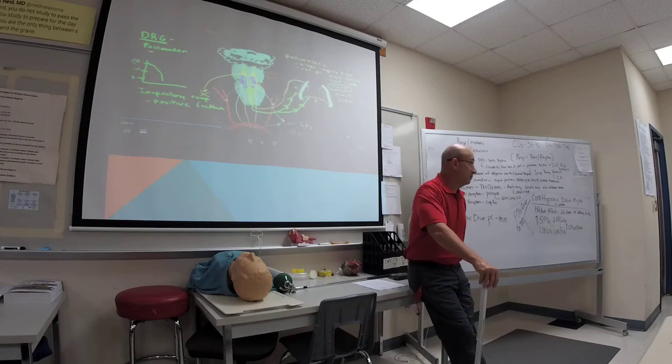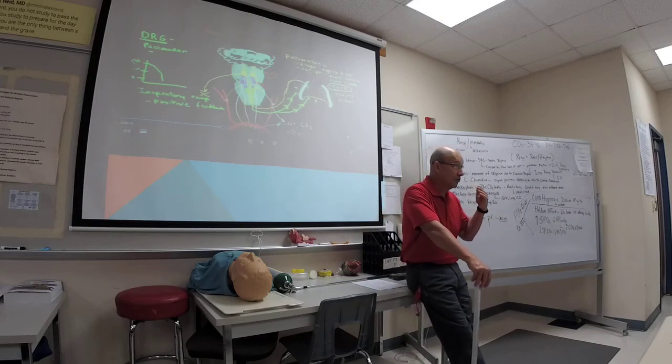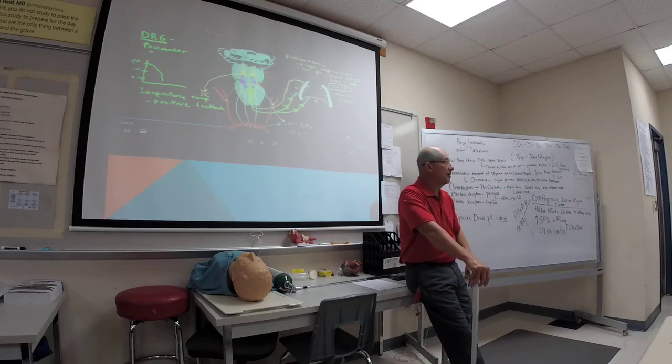So we breathe normally, what's our normal FiO2? Room percent oxygen. What do we breathe in? 21. Right, 21%.